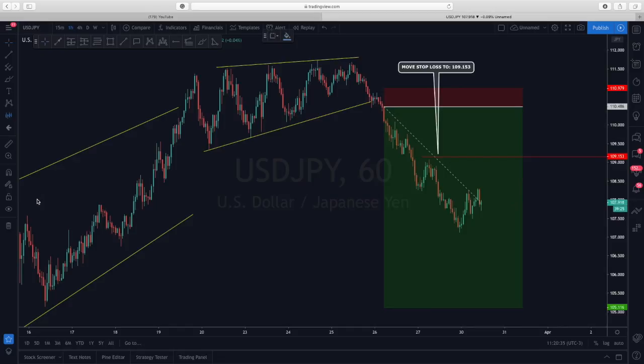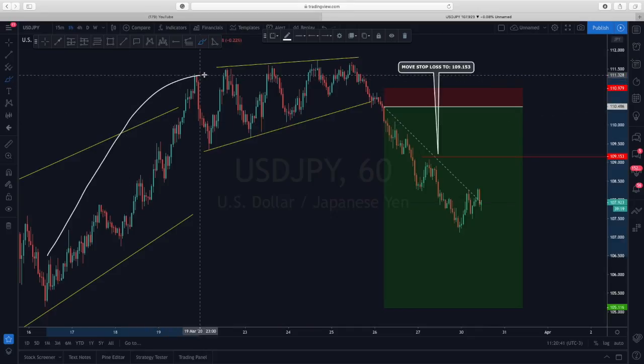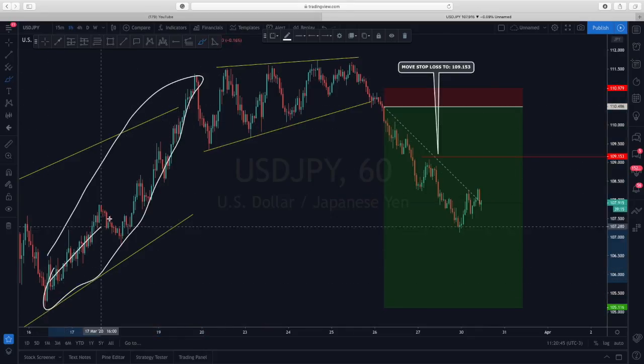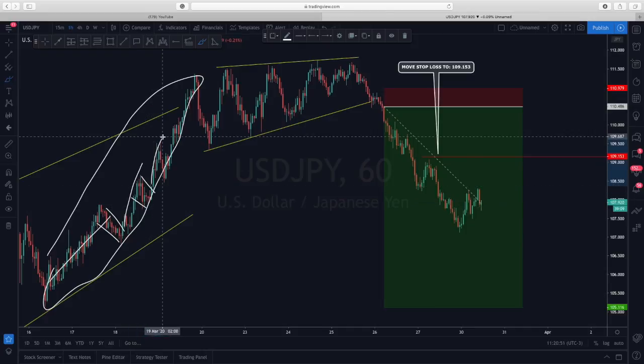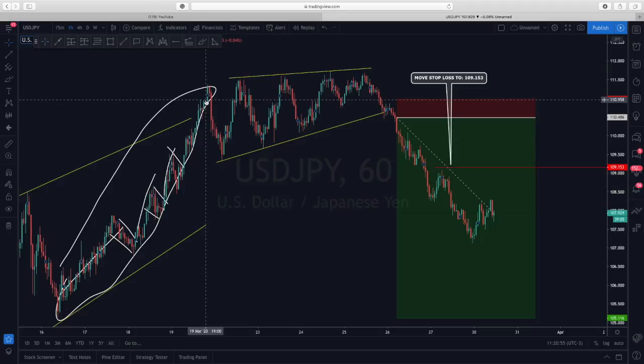So one thing I'm going to do is firstly spot what an impulsion would look like. This is an impulsion to the upside. Price is progressing to the upside, as you can see. Impulse, correction here, impulse, obviously a small correction, impulse, correction, okay, and impulse all the way to the upside.